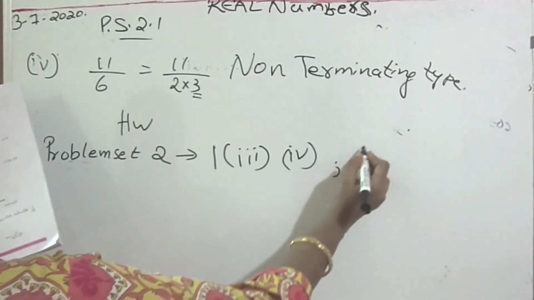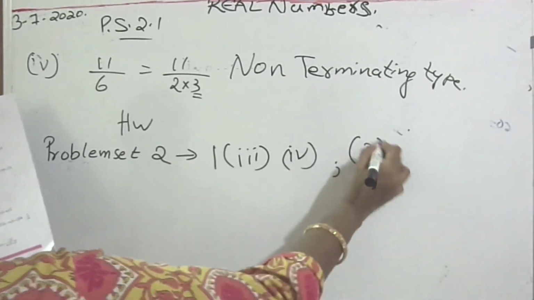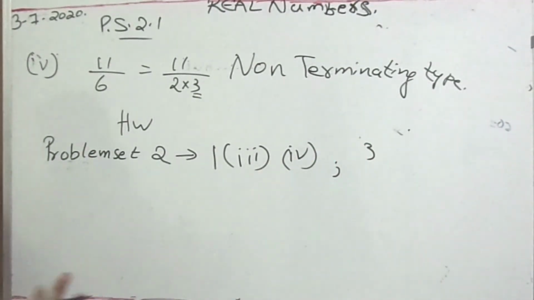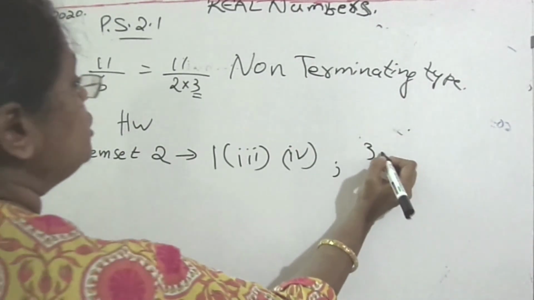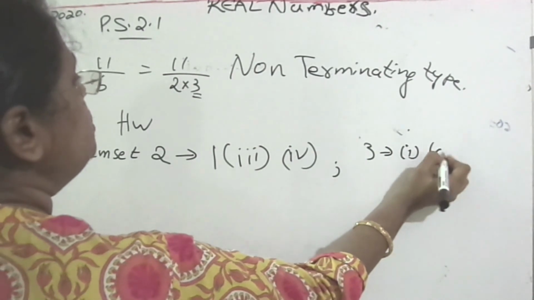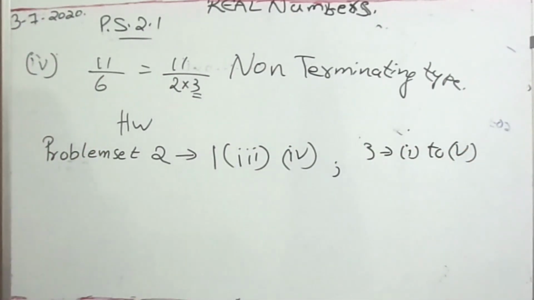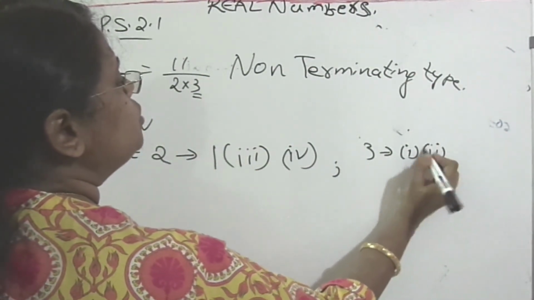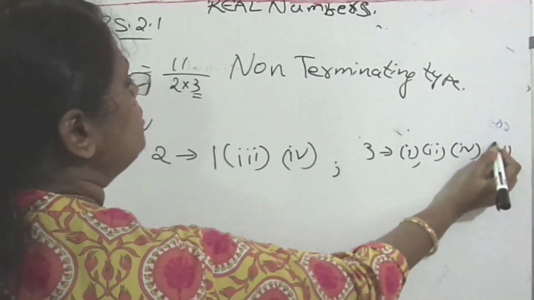Question number 3 is also of this type: write the following number in decimal form. In question 3 you can do 1, 2, 5. The third sum will be difficult, the one with the cube root of 5 given, that you leave. So I will write 1, 2, 4 and 5. The third one you don't do.